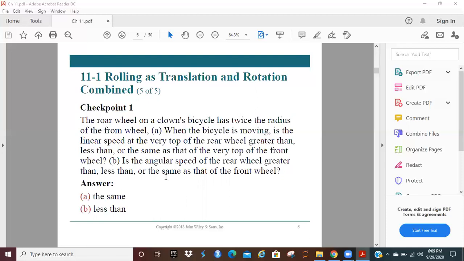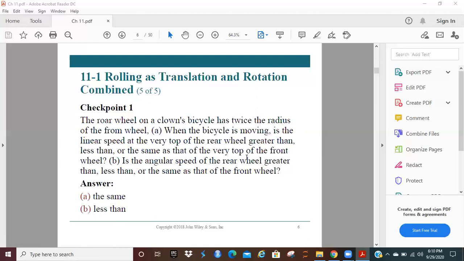When the bicycle is moving, is the linear speed at the very top of the rear wheel greater than, less than, or the same as that of the very top of the front wheel? And it turns out it happens to be the same.